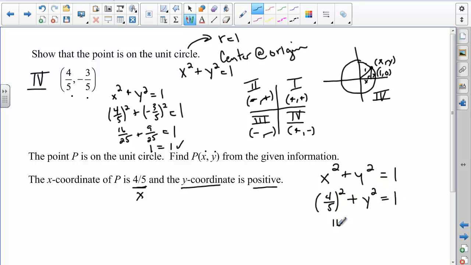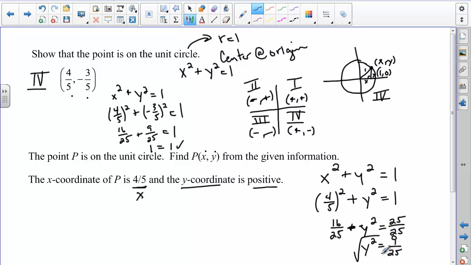This is 16/25 plus y squared equals, I'm going to make this 25/25 because we want a common denominator. If I subtract the 16/25 from both sides, I get y squared equals 9/25. This should sound familiar because we just had a problem like this.